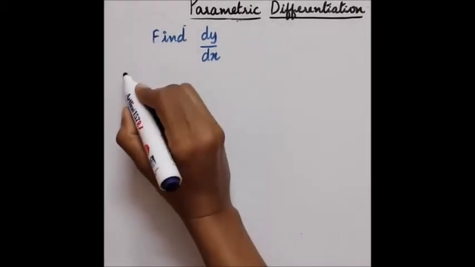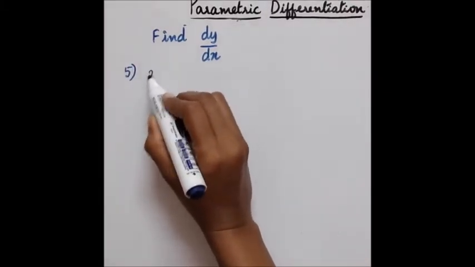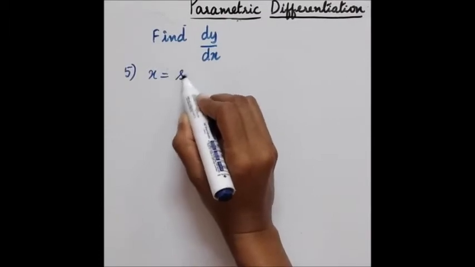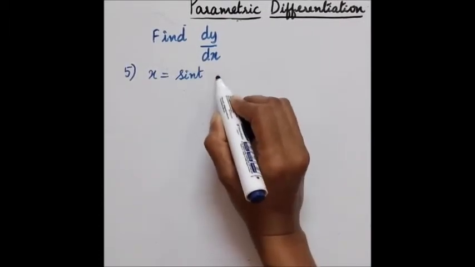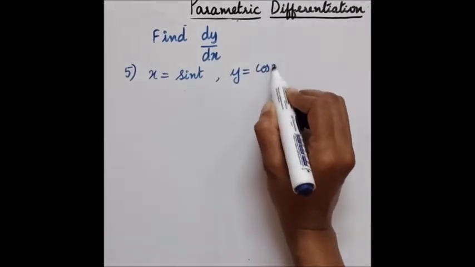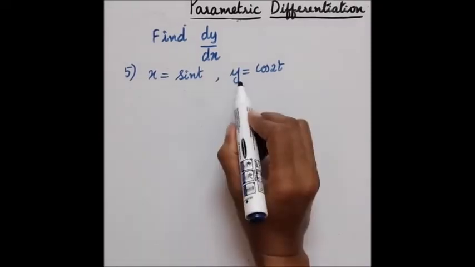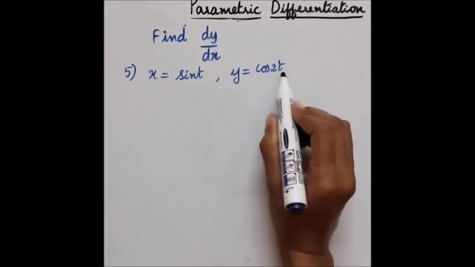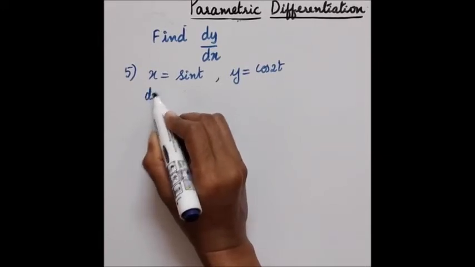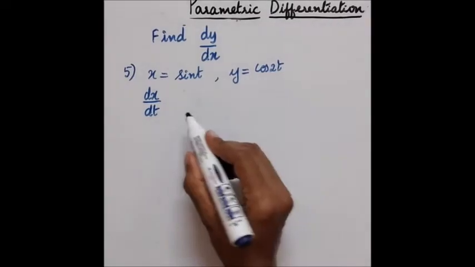Take up the next sum. The next sum is x is equal to sine t and y is equal to cos 2t. Here x and y are the functions of t. Parameter used is t. So let's find dx by dt and dy by dt.